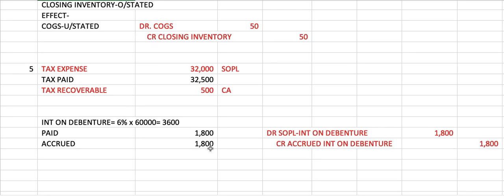That's why additional information number 5 says that part of the debenture interest was still accrued. So you get 1,800 that is accrued, that will go under current liability. So your interest on debenture should be 3,600 per year. So for the other 1,800, we pass the journal entry: debit SOPL 1,800, credit accrued interest 1,800.